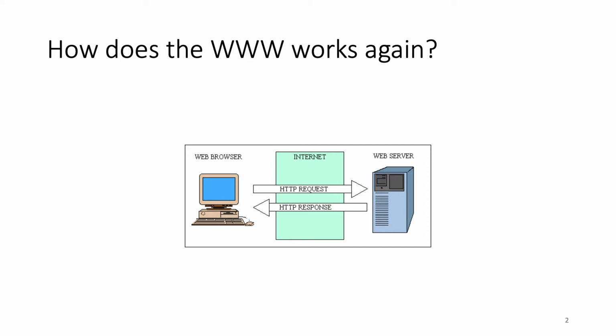So at the simplest level, you know that you have your computer. Your computer has a browser in which you type google.com, for example, and when you press enter, what you're actually doing is asking another computer connected to the internet, hey, get me this specific file or resource, better said.